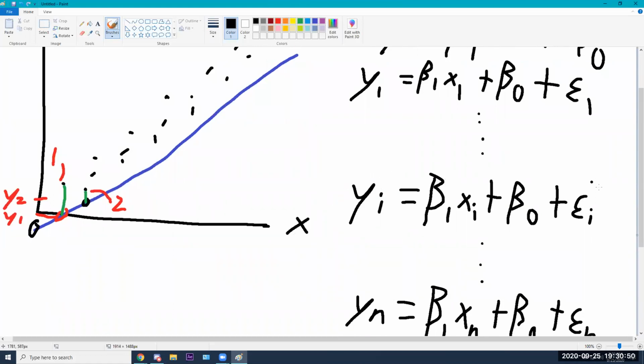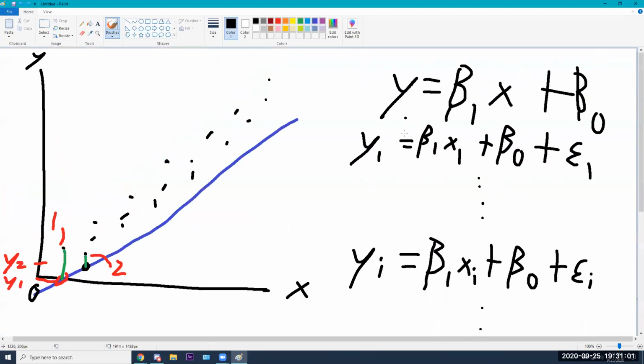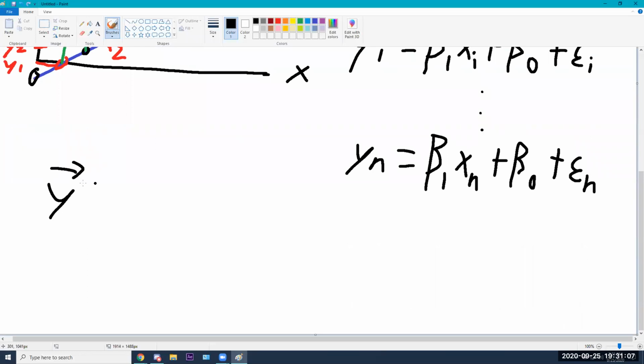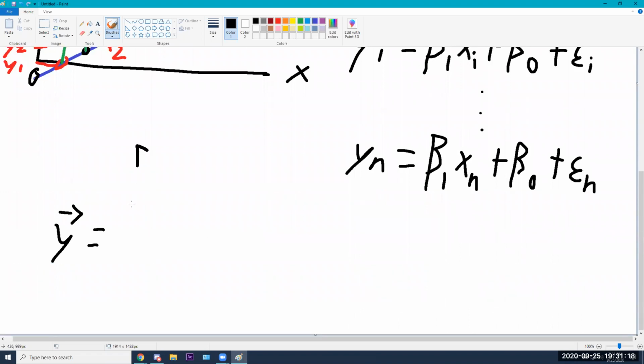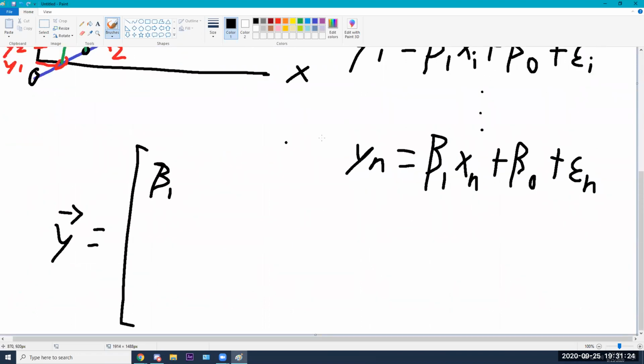But we can put this into a vector. If you remember, a vector is just a one column matrix. So we can define our y vector, which is this expression for every single y. Our y1 would be this, beta 1 x1 plus beta naught plus error term.